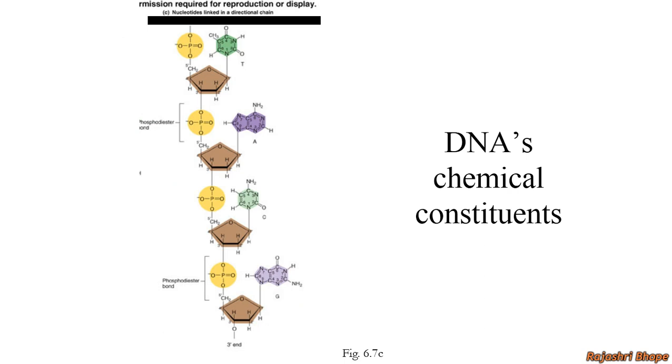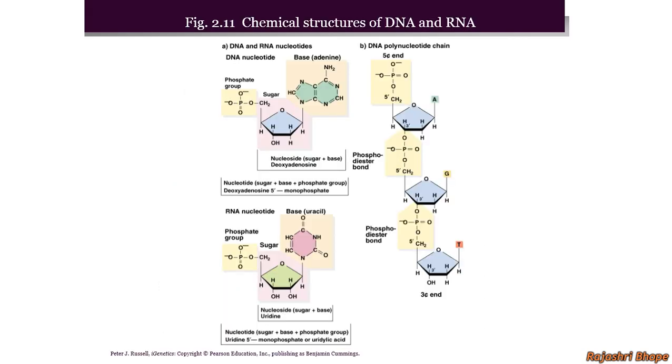Then the DNA chemical constituents: DNA and RNA nucleotides. This is a DNA nucleotide, which is composed of a base, sugar and phosphate group. The sugar present is deoxyribose sugar.